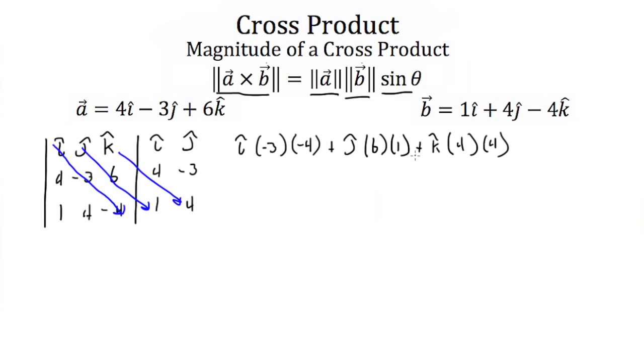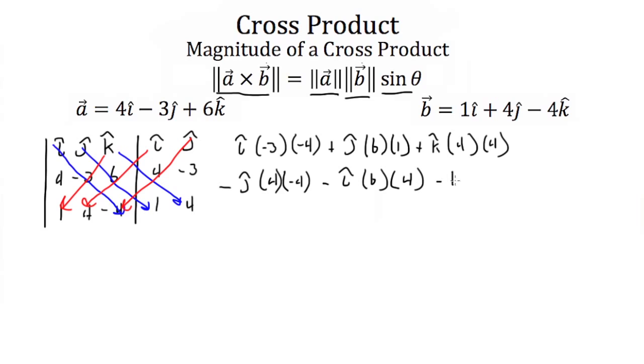And then minus the diagonals coming back the other way. So j times 4 times negative 4 minus i times 6 times 4 minus k times negative 3 times 1.